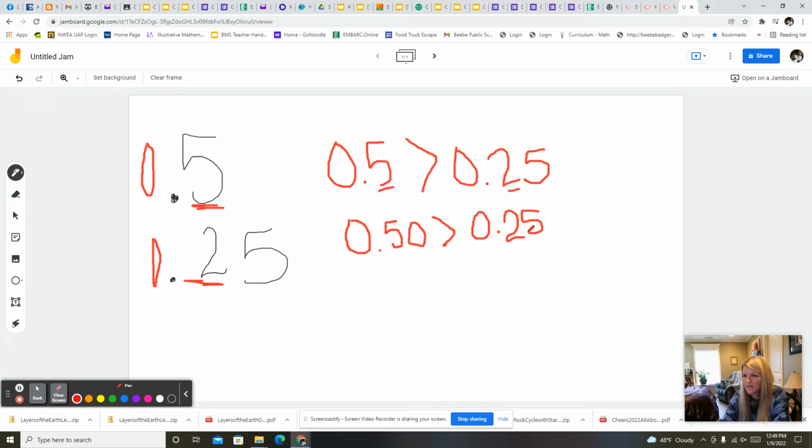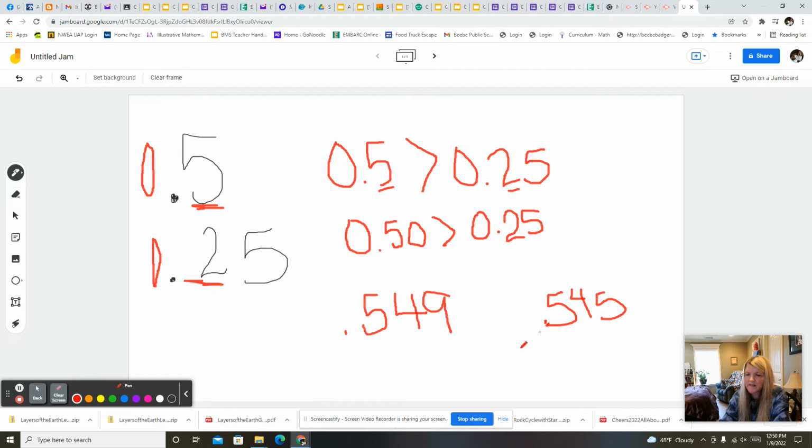And some of you on the exit ticket, where you had to determine who had the greater amount, I think it was Andre that ended up having the greater amount. I don't remember the exact numbers, but it was like 549 thousandths compared to 545 thousandths.